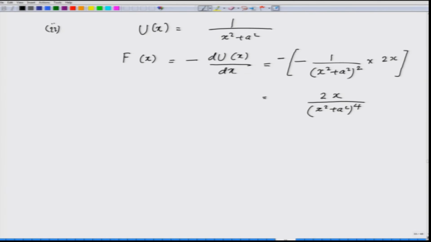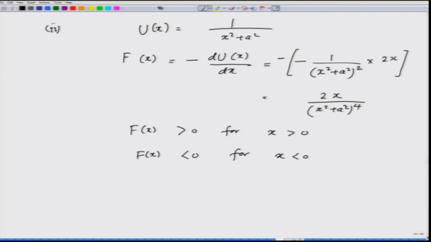So, you can see that F(x) is greater than 0 for x greater than 0 and F(x) is less than 0 for x less than 0. Therefore, if a particle is on the negative side of the x axis, it will tend to go more and more towards the negative side, it will be pushed away, and similarly if it is on the positive side, it will be pushed to the right.